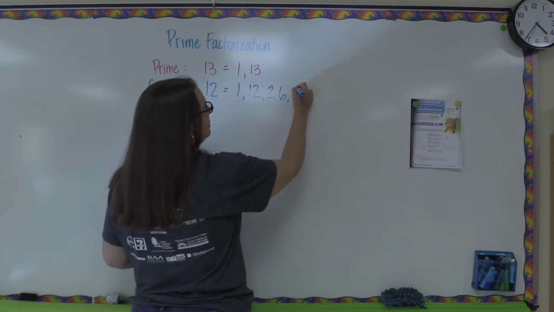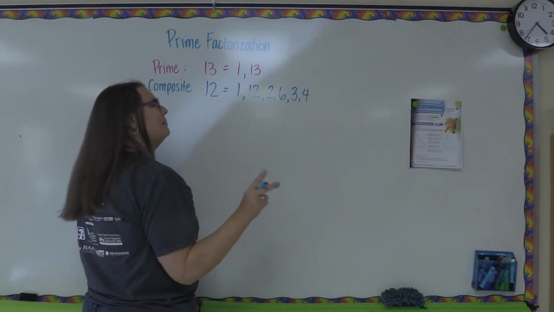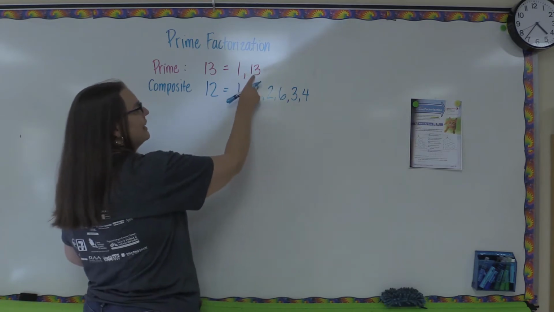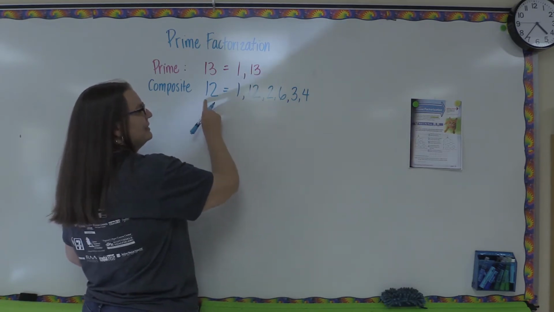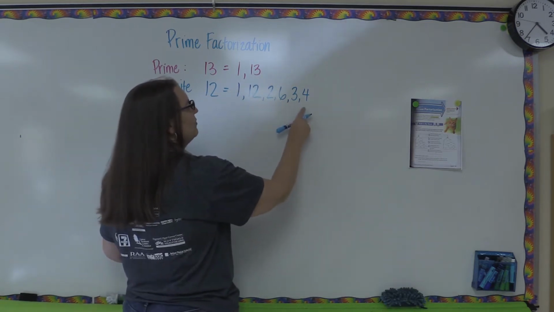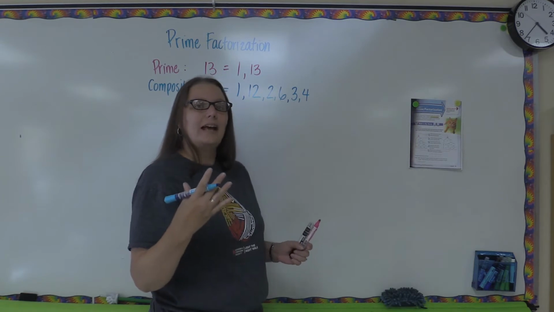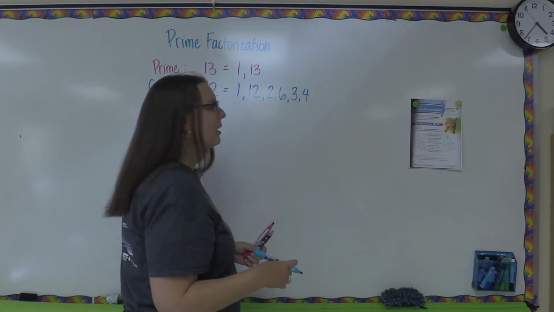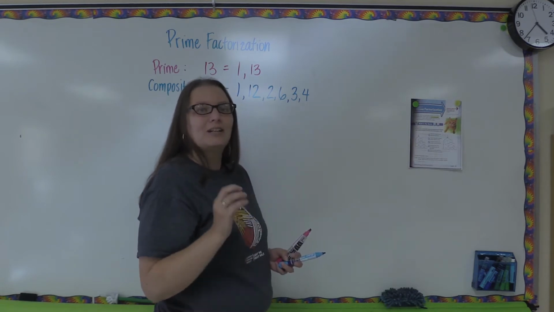I could also do 3 times 4. So as you can see, a prime number only has two factors, that number and 1. A composite number has many more factors. There's not a certain number of them, but as long as it has more than 1 and itself, it's considered a composite number.